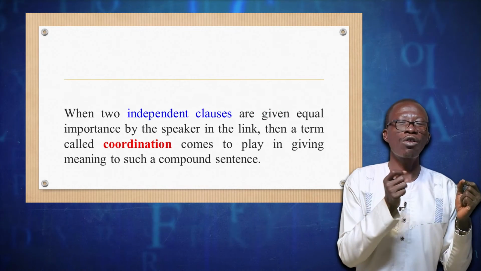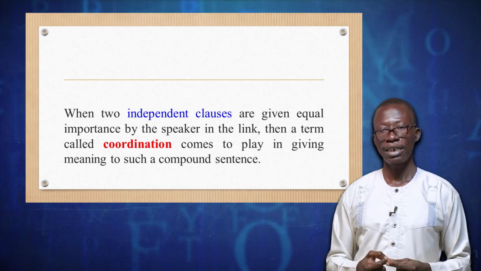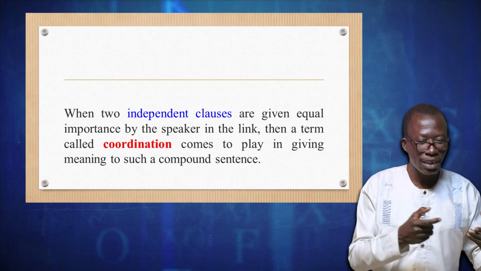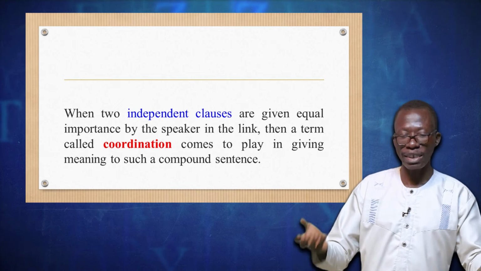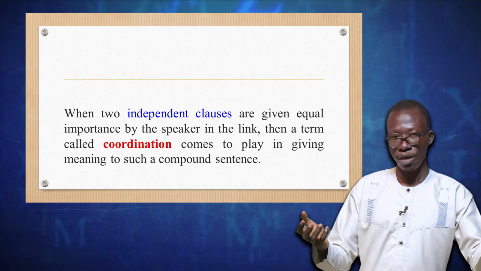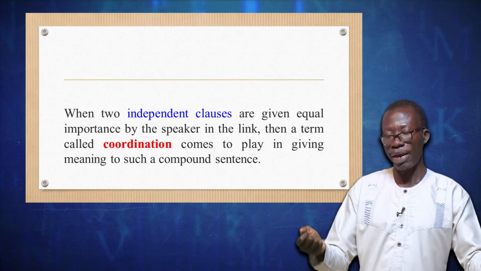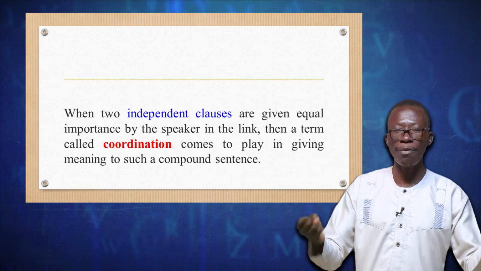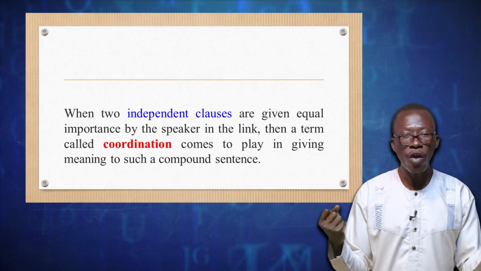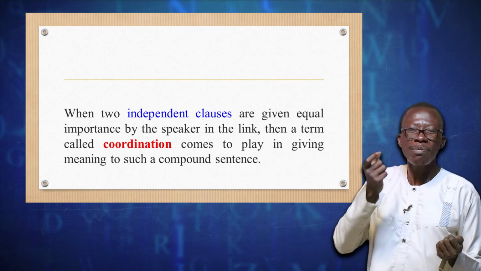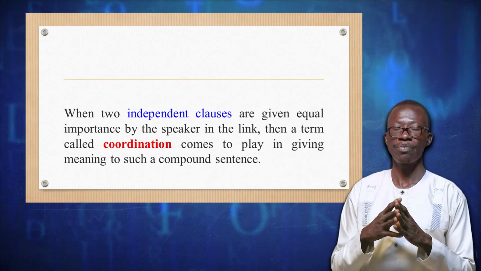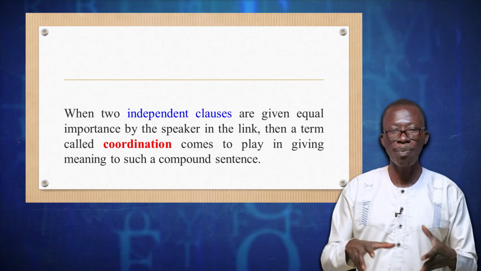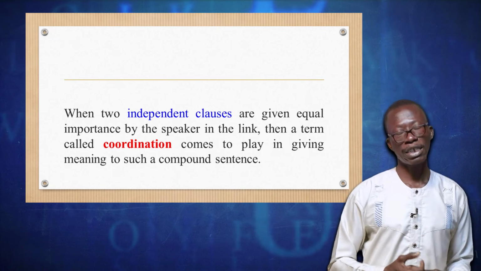So when a speaker gives two independent clauses equal importance in the link, let's not forget, a compound sentence is made of two independent clauses. Here the speaker gives equal importance to these two independent clauses, and therefore, realizing this importance, uses a specific kind of conjunction to link them. A term called coordination comes into play in giving meaning to such a compound sentence.